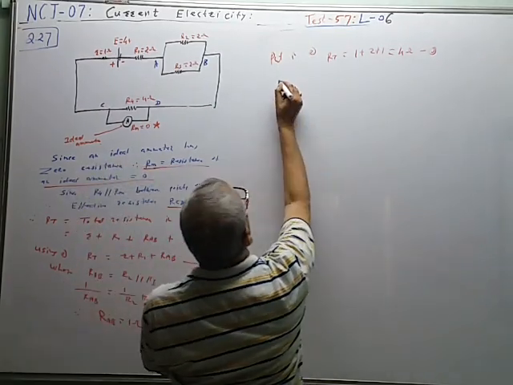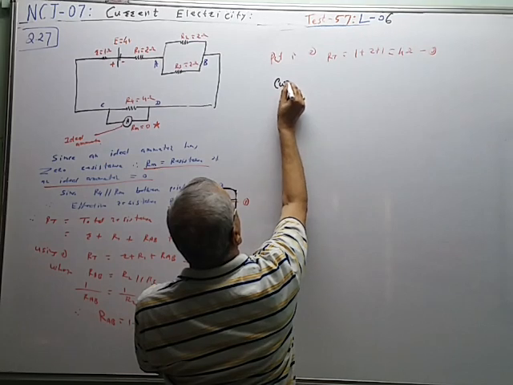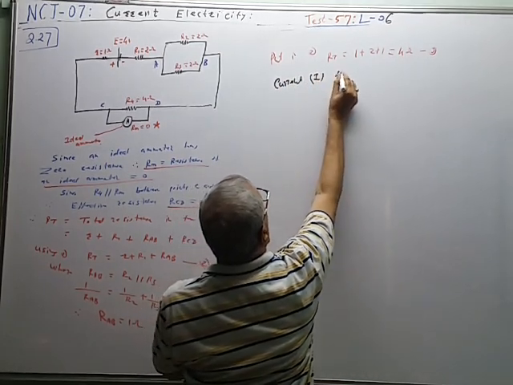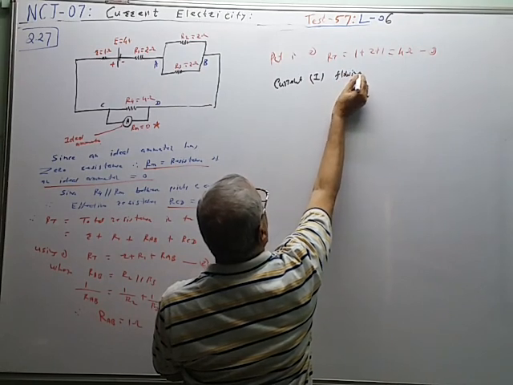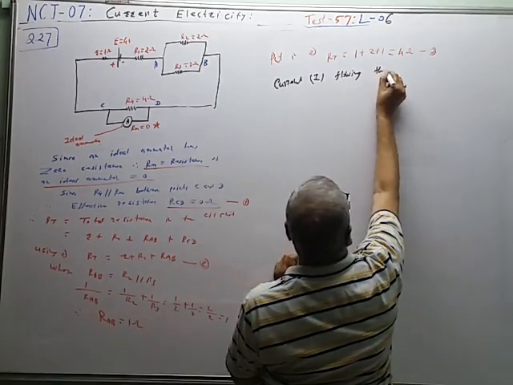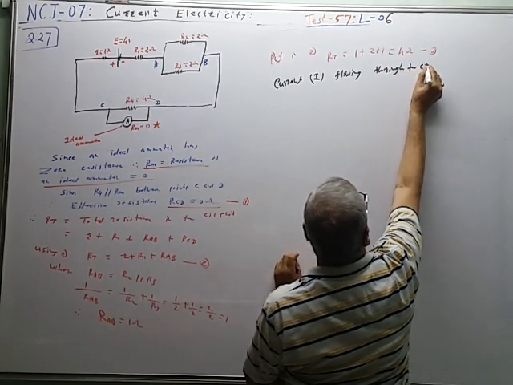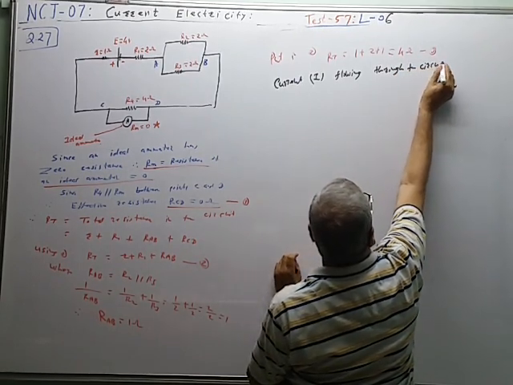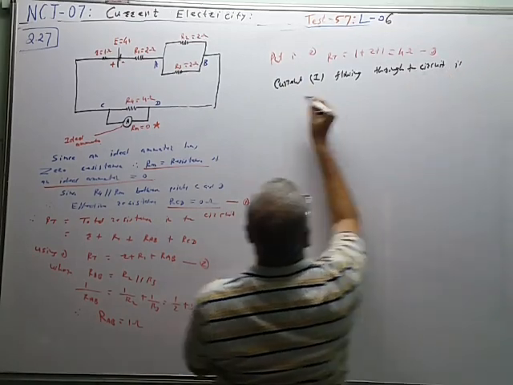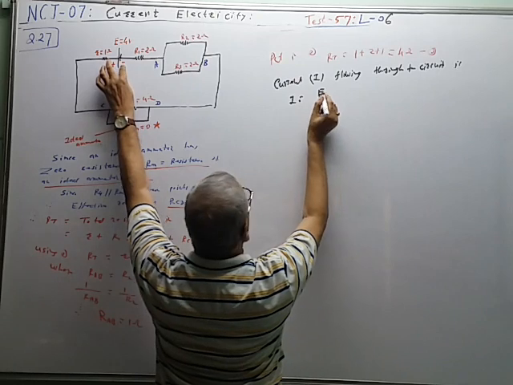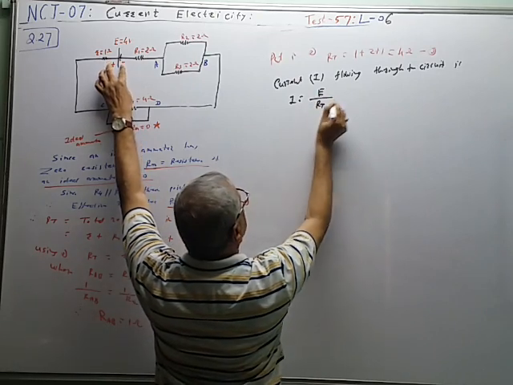Then the current I flowing through the circuit is I is equal to EMF applied upon total resistance.